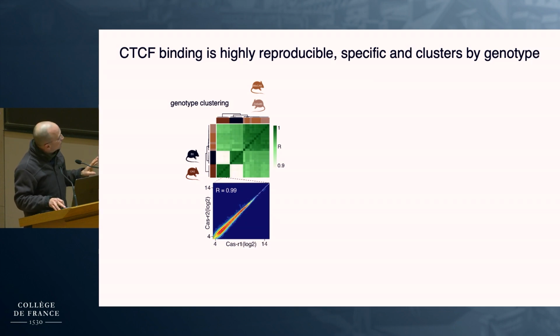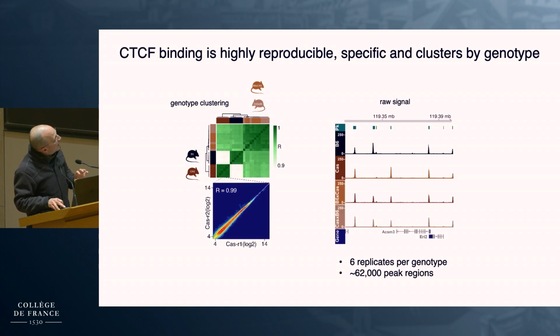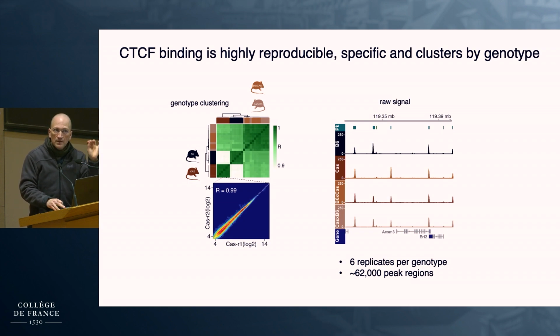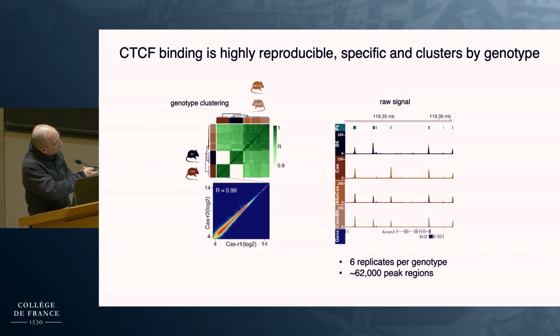And the first thing to point out is that we see genotype clustering, which is reassuring, and that the F1 actually shows the same kind of enrichment whenever you are deliberately ignoring the underlying genetic differences. You see that the F1 is an average of the Black 6 and Castaneus parent strains, so that's good.